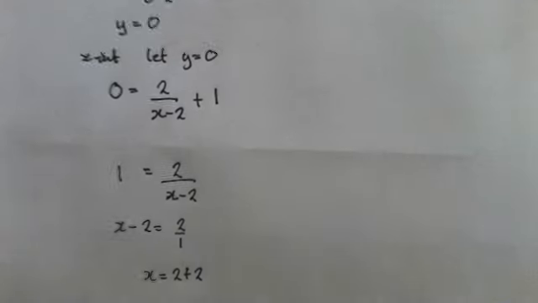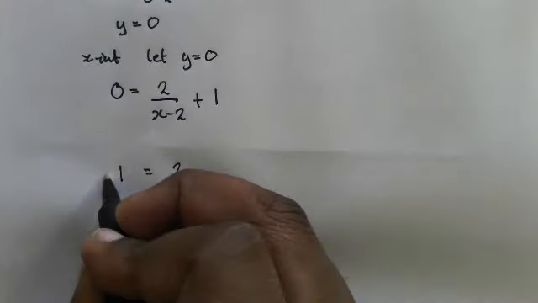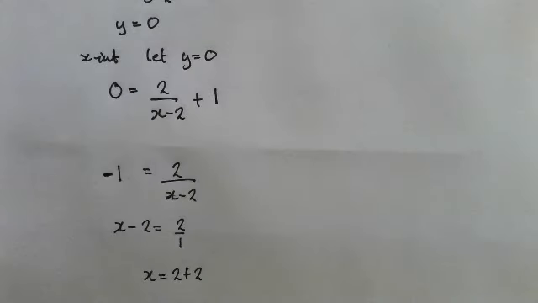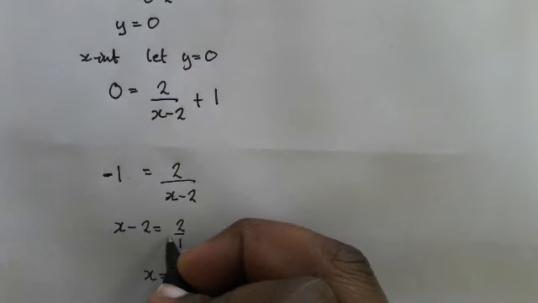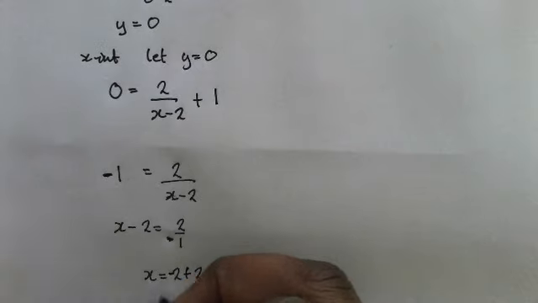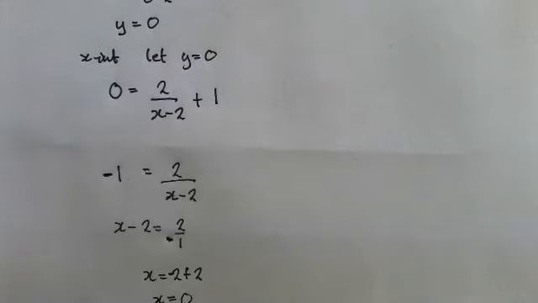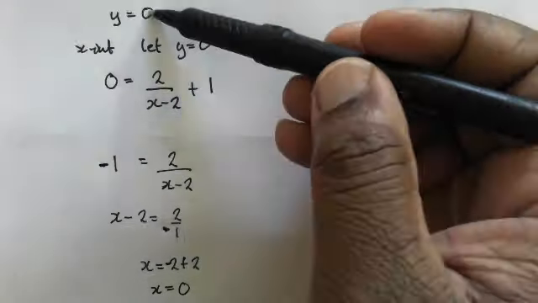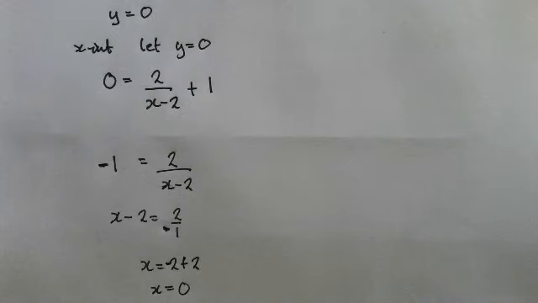What's 1? This is negative 1. When you take it out, this is negative 1, so that makes this a negative 2. Then x is equal to 0. Because I was thinking, why would the y-intercept be 0, then x be something else? It can happen. If the y-intercept is 0, that means the x-coordinate is 0 as well.